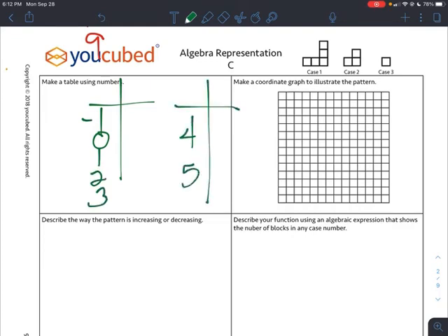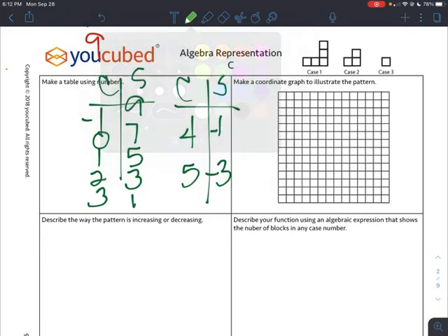So those are what I need. So 1 was 5, 3, 1, -1, -3. So 0 was 7 and -1 was 9, right? So these are my C and my S's over here. So what does C correspond to? It's your X. What does S correspond to? It's your Y.